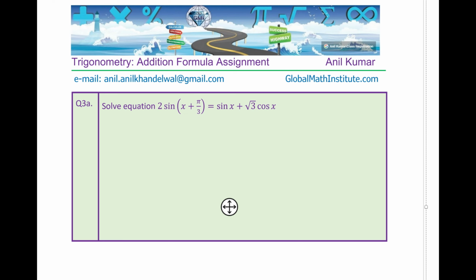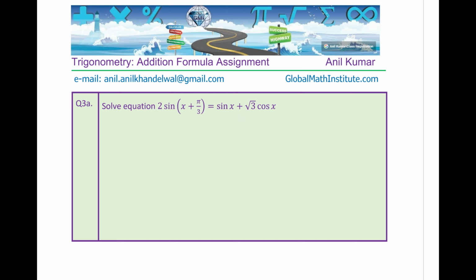Question number 3 here is: solve the equation 2 sine x plus pi by 3 equals sine x plus square root 3 cos x. So we can again apply the cosine function and sine function formula.